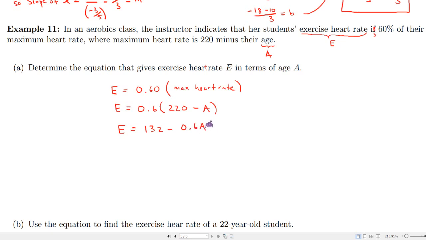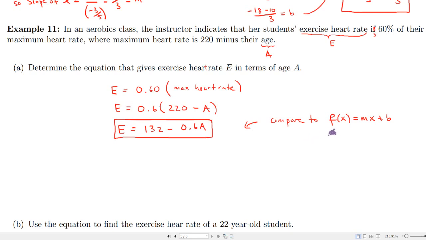0.6A. Okay, and if you look at this, this is actually a linear function, right? Because comparing it to f of x is equal to mx plus b, what we actually have here is E in terms of the age, right?